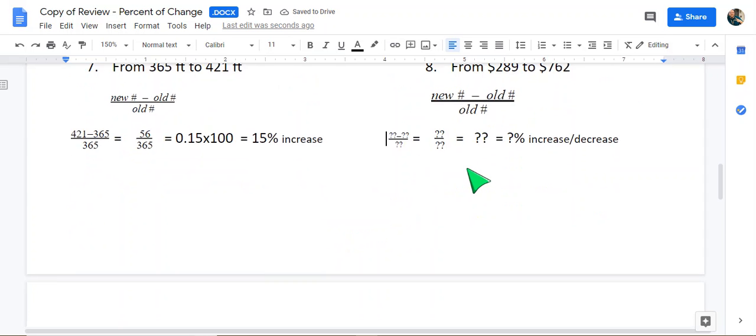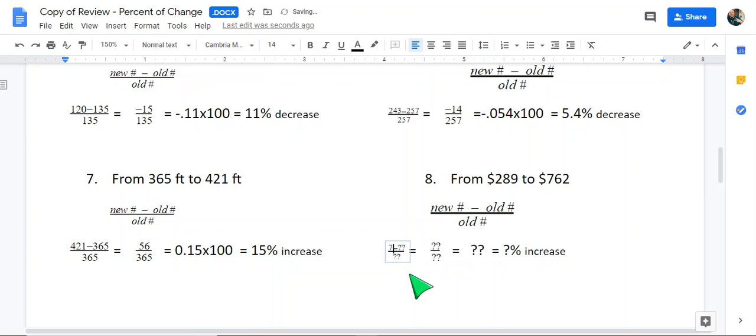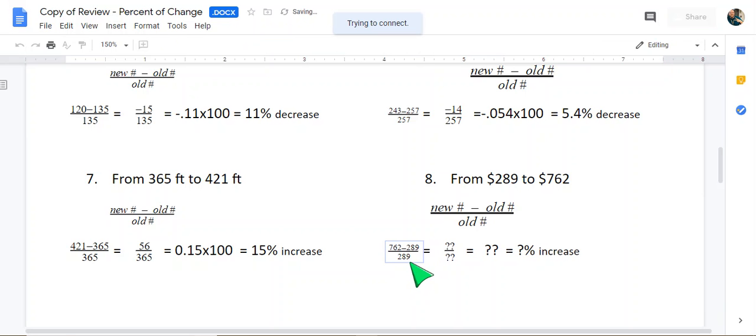last one. From $289 to $762. That is a big increase, right? So this is probably going to be a big number. Let's see. I'm going to do new minus old. So the new number was $762. The old number was $289. Old number goes on the bottom.